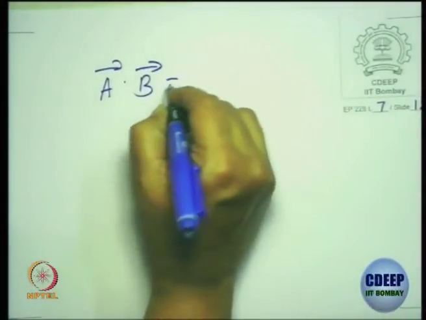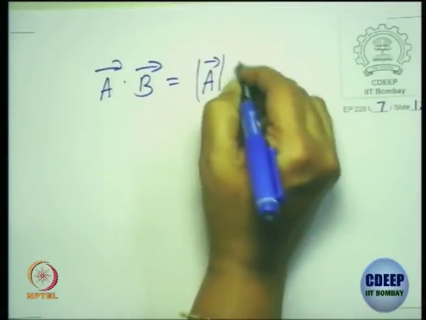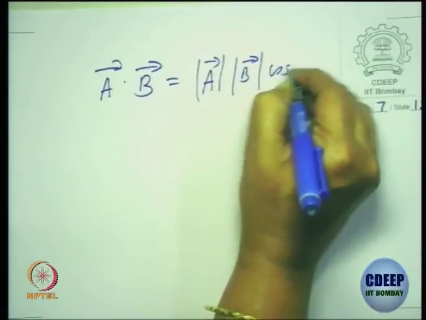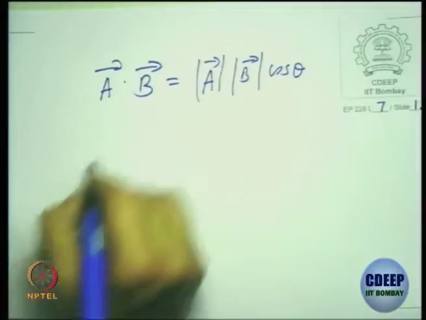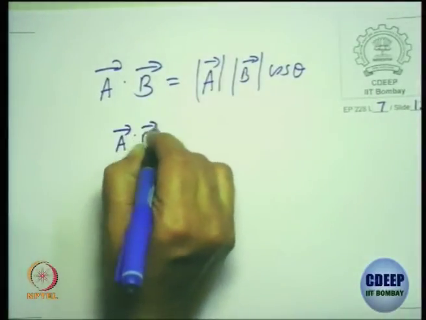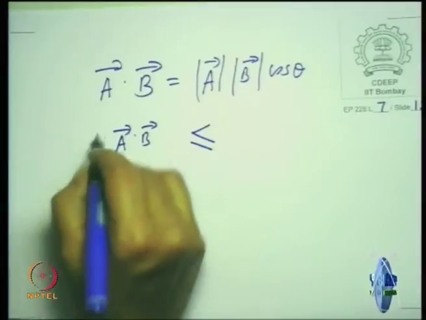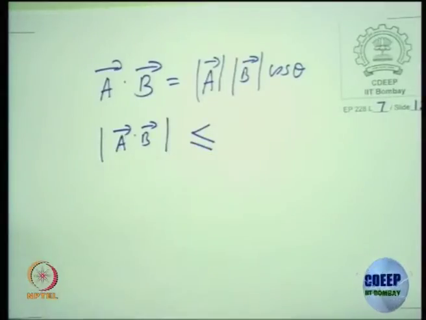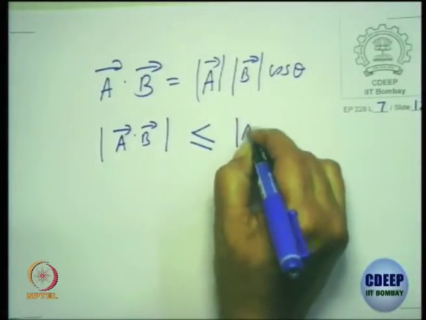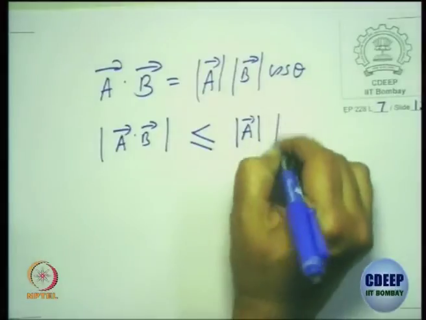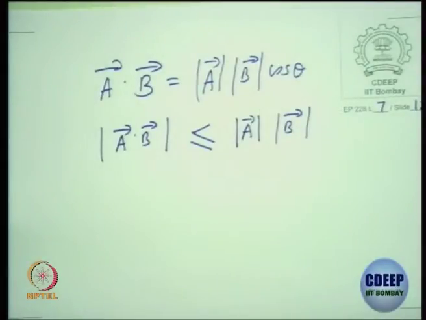So, the next one is A dot B, which formally you would have written as norm A, norm B, cos theta. So, the magnitude of A dot B will be less than norm A, norm B, because cos theta, what are the values of cos theta?